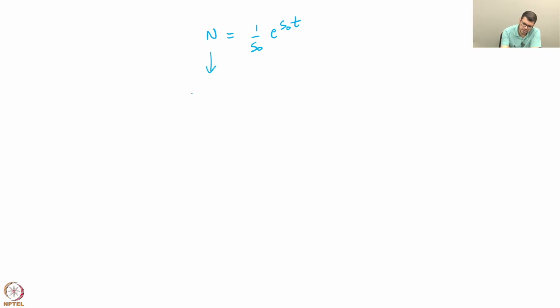This is because the number of mutant individuals is equal to the entire population, and this is the time it takes for that to happen.